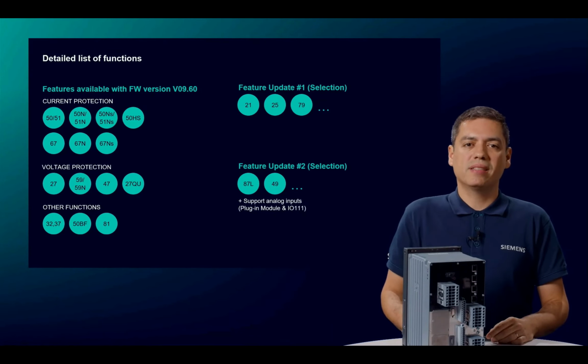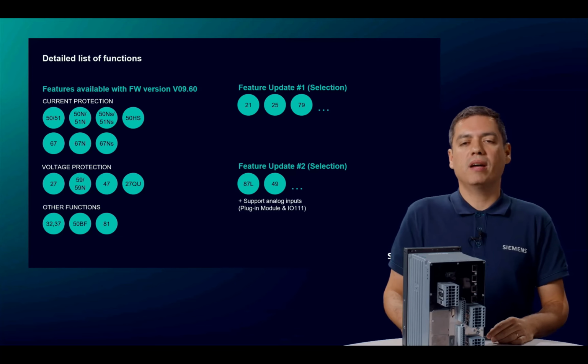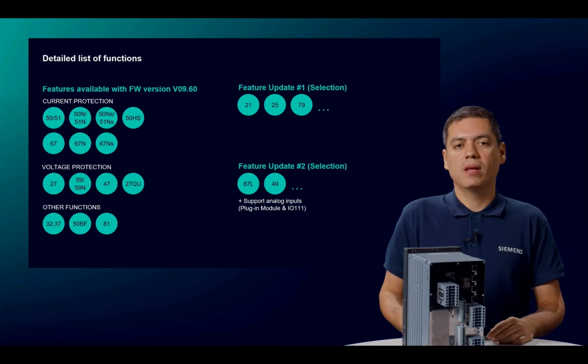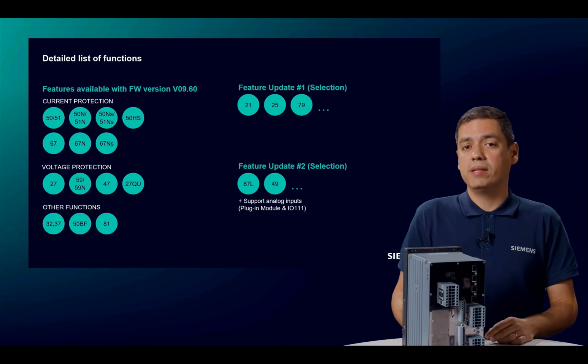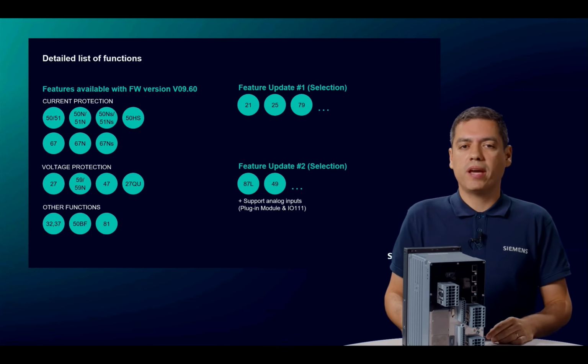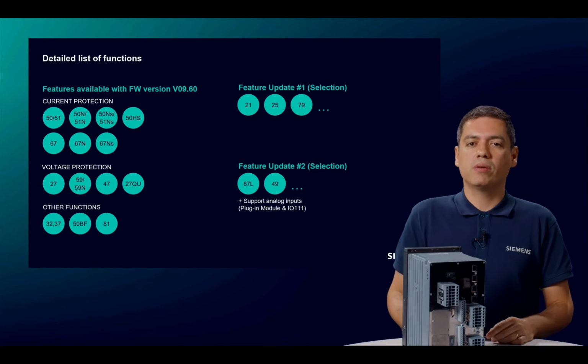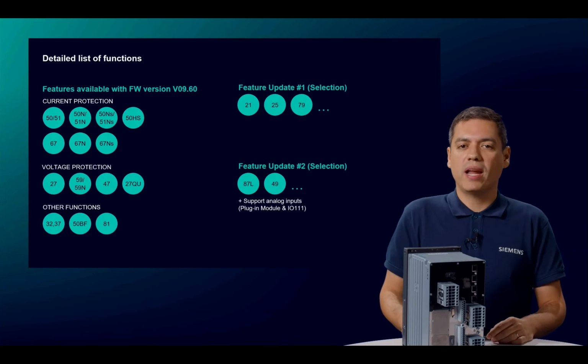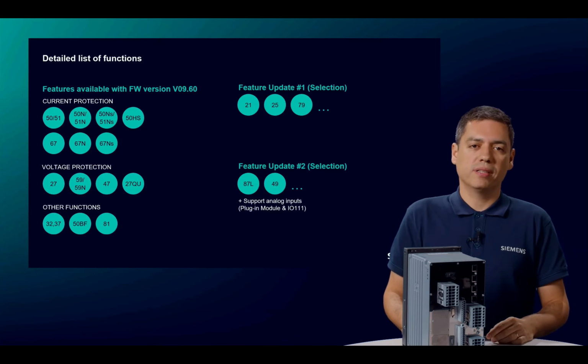You can see the exact scope, for example, in the function point calculator in the SIPROTEC 5 online configurator. With the next version planned for November or December of 2023, distance protection, synchrocheck, and automatic reclosing, to name just a few highlights, are planned, among other things.